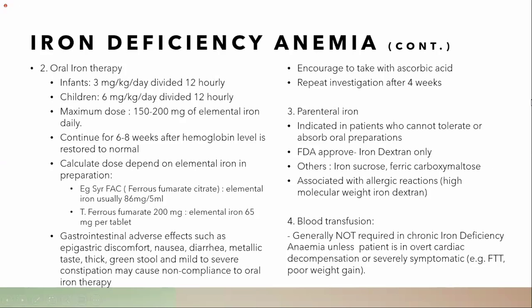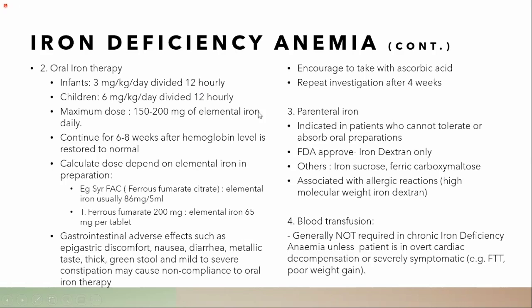Next, the pharmacological treatment, oral iron therapy. The dosage is 3 to 6 milligrams. The sources that I took say to give it 2 times per day, but in Nelson, it can be divided into 3 doses. Maybe the doctor can add more about it.